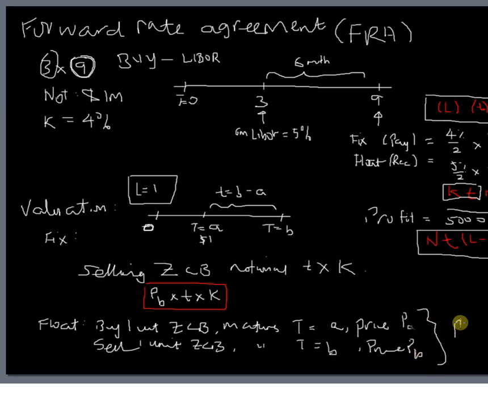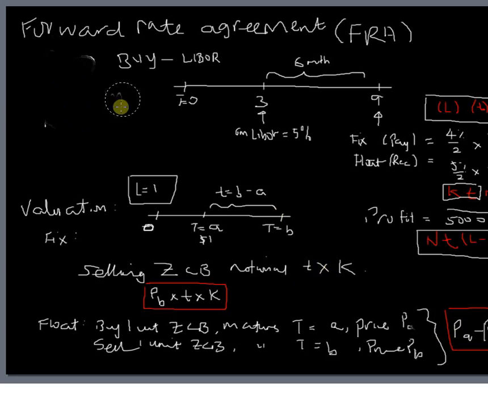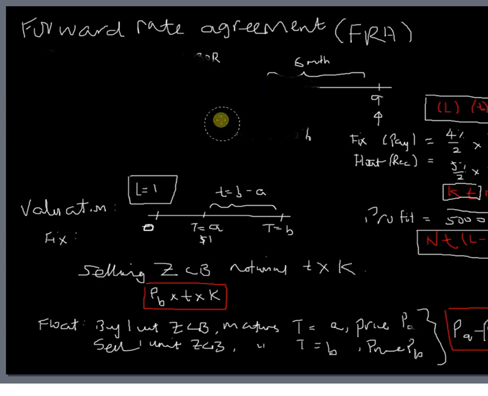The net amount that is required under this floating leg portfolio is basically PA minus PB. Now it becomes clear: we have a valuation for the fixed leg of the FRA and a valuation for the floating leg of the FRA, and the net value of the FRA is simply the difference between these two, which I will write down here.